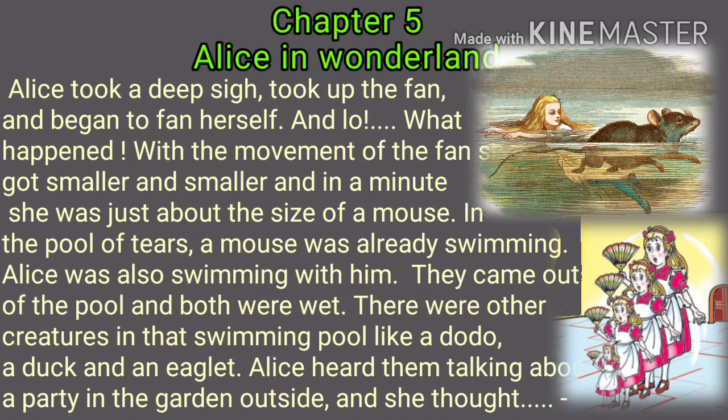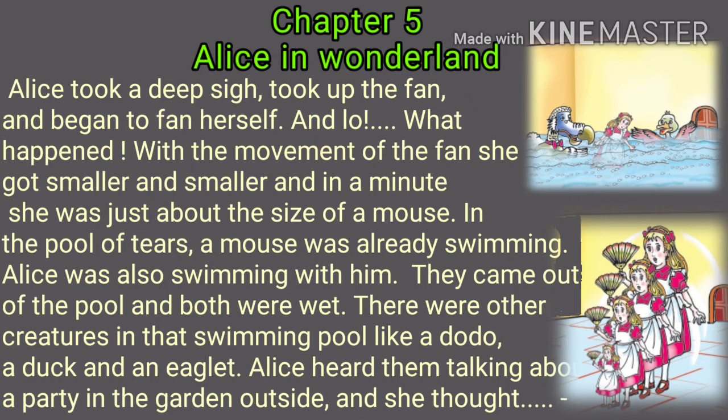There were other creatures in that swimming pool. Creature means living things that can move independently. So there were other living things in that swimming pool, like a dodo. Dodo means a large bird that couldn't fly and doesn't exist now, means we can't see it now.